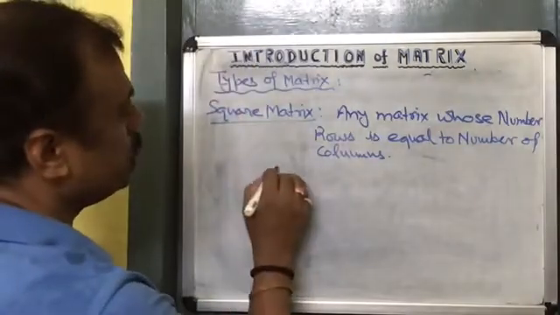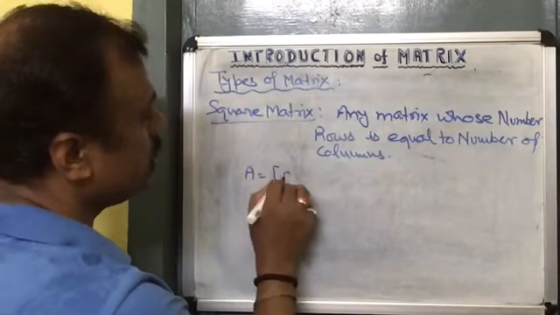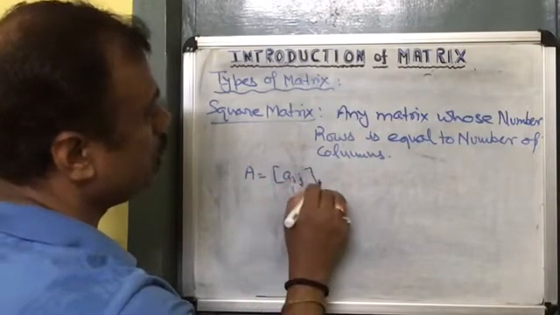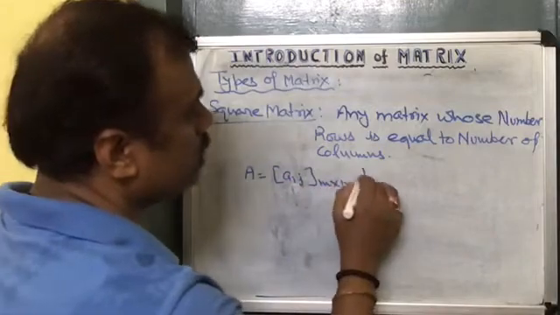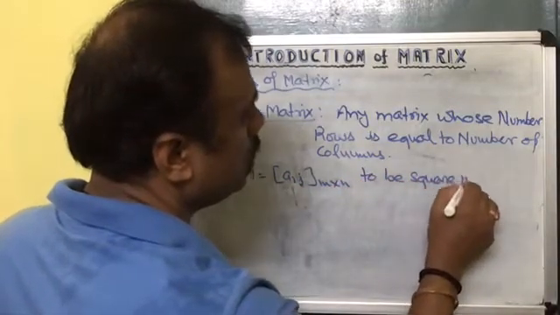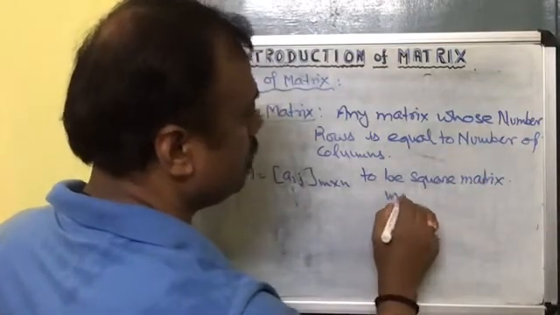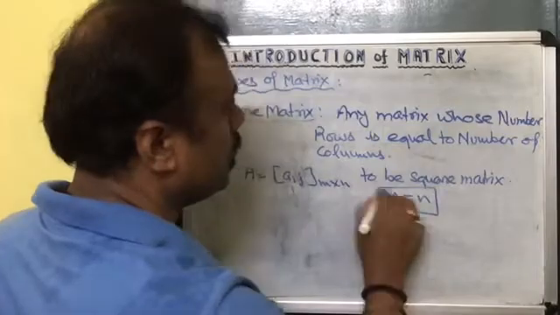So here the importance is, for example, if A is Aij, to be a square matrix, it must be m equals n.